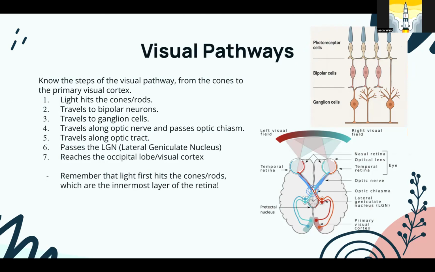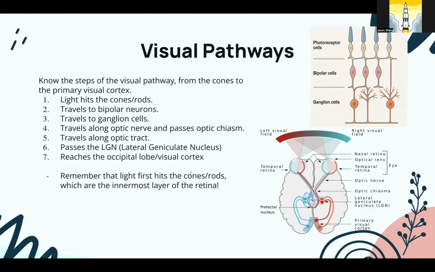Then after that, it travels along the optic tract right here, and it hits or passes the LGN. LGN stands for the lateral geniculate nucleus. Afterwards, it will reach the occipital lobe, and that's where the visual cortex is located.